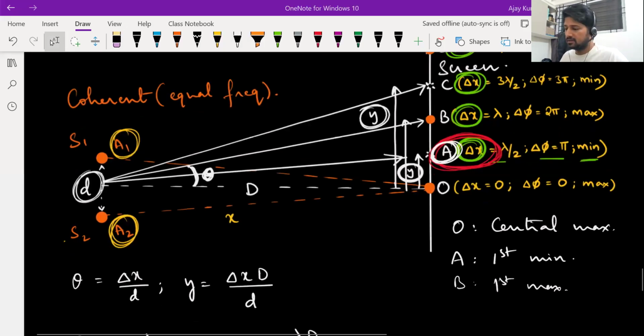Isha, how much is theta for the point B, in terms of lambda and small d?